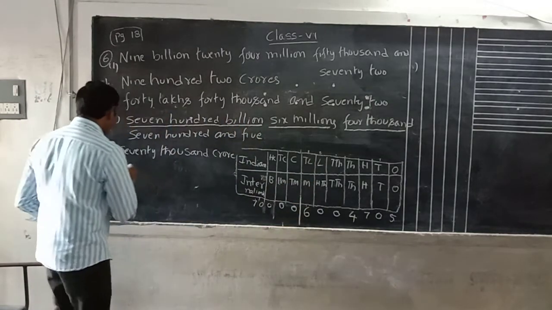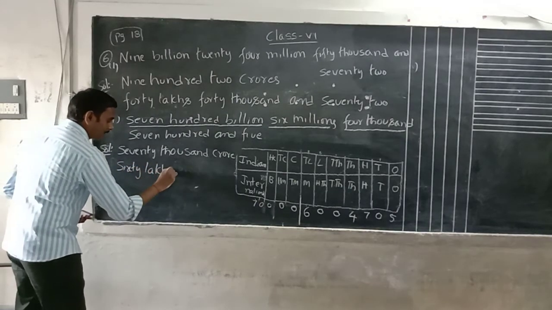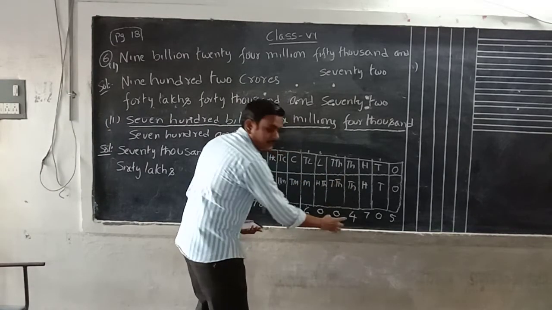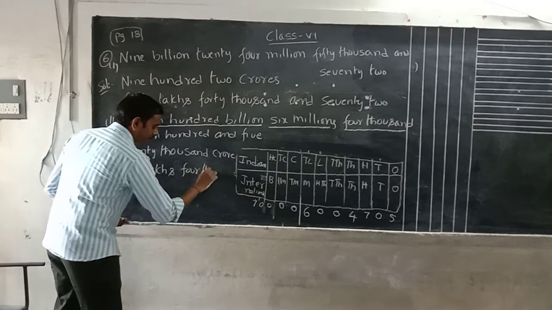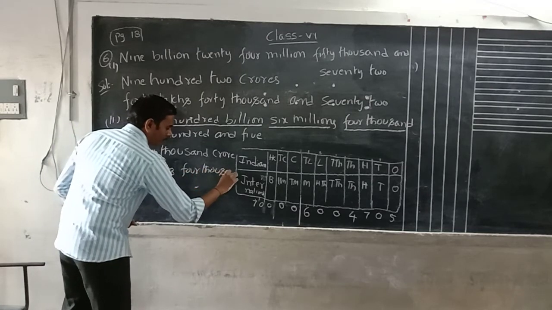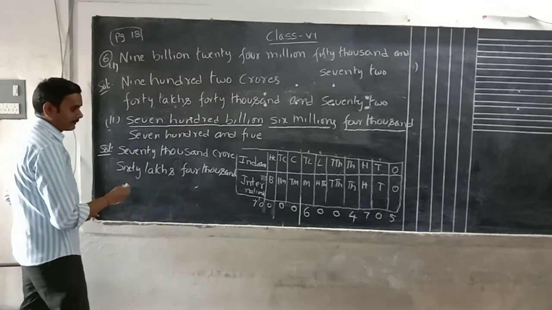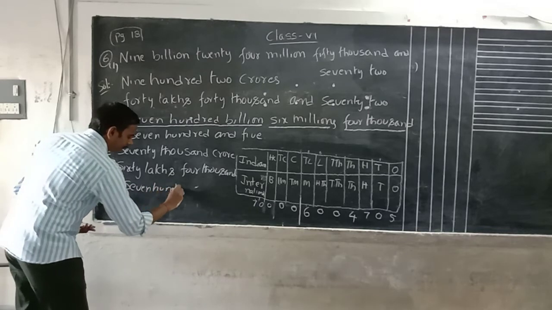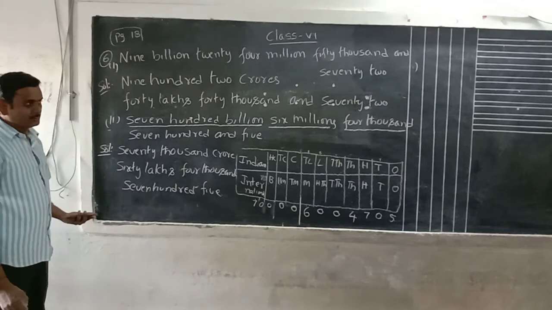Next, the lakh place, what is the number? 60 lakhs. In the thousand place, what is the number? 4, so 4,000. Then 705, the last 3 digits. 705 is the solution.